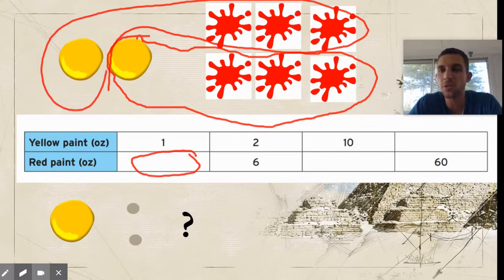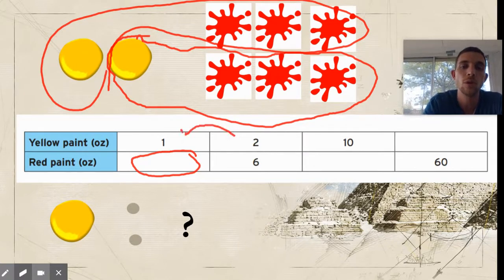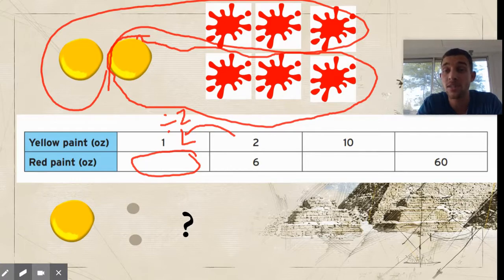But making groups takes a long time, and so we want to multiply or divide. Notice that if we go from 2 to 1, that's dividing by 2. Whatever I do on the top or on one side, I need to do the same thing on the other side.